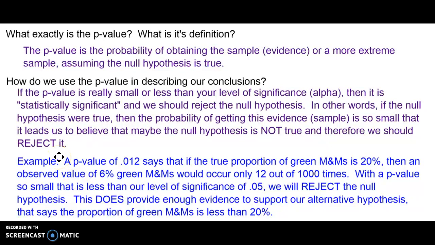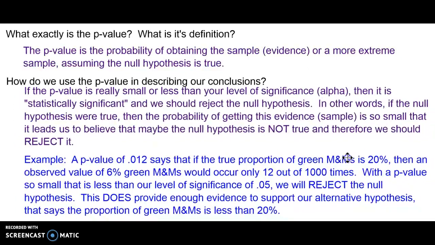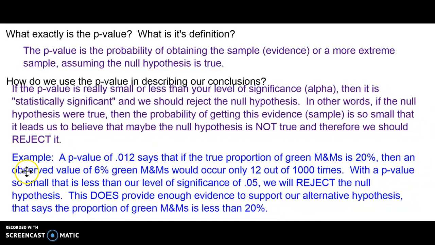Well, here we go. A p-value of 0.012 says that if the true proportion of green M&Ms is 20%, then an observed value of 6% green M&Ms would occur only 12% or 12 out of 1,000 times.